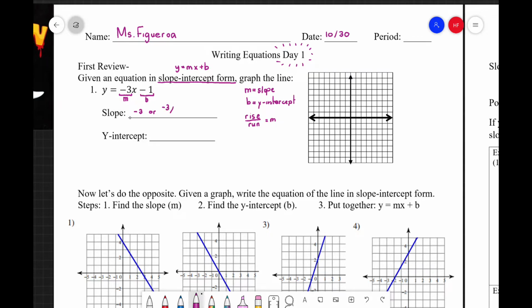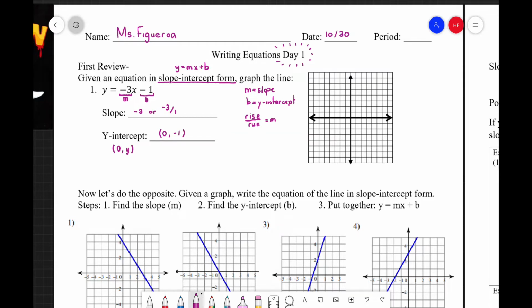So -3 over 1 is the same thing as just saying -3. And then our y-intercept is going to be -1. Remember, for our y-intercepts, we have a 0 for x and then a number for y. So we're going to have our y-intercept at (0, -1).